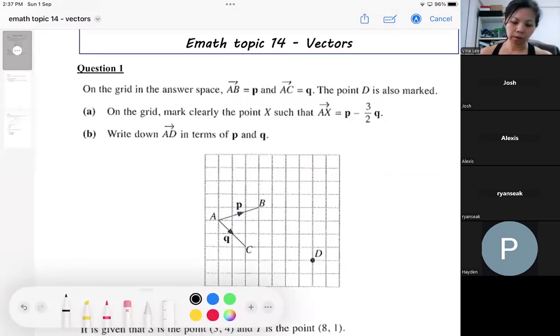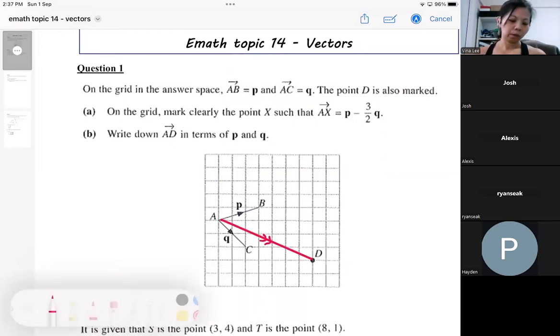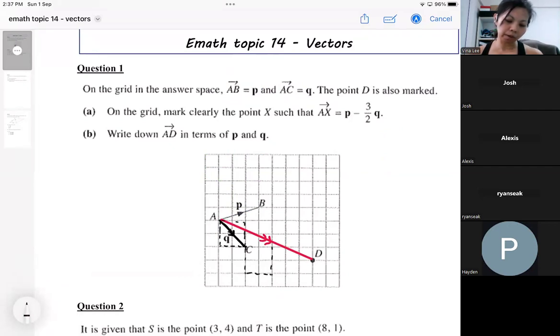The next one, we wanted AD. Actually, when I do this kind of question, I also won't know, so I will usually play around with it. The obvious one is I play around with this one first. This one is 4 squares. I am going to try another 4 squares first.